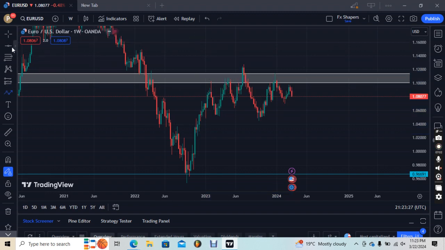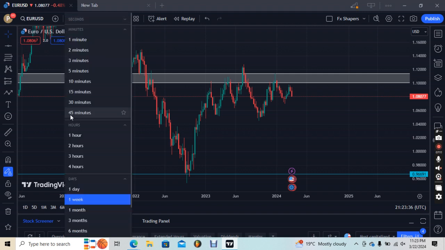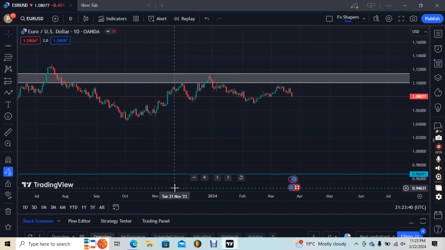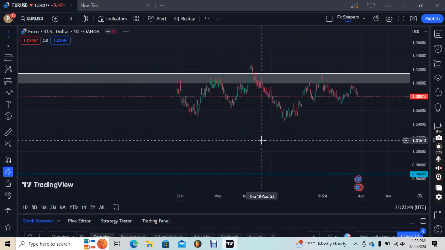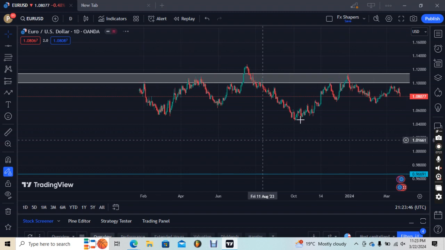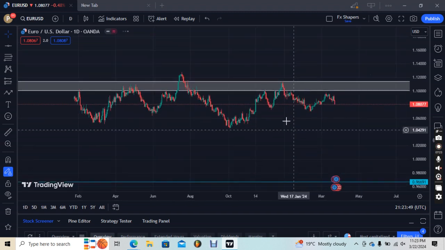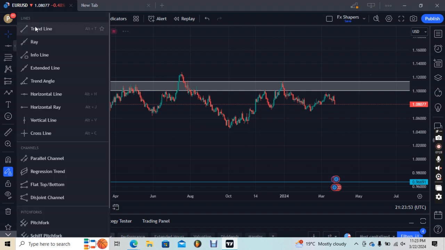So what's going to be happening is that we're going to be identifying all these levels right here. And again, let's just go to a daily time frame just so you can be able to see it properly, because on a daily time frame it's much clearer, right? As you can see right here, guys, we had this structure right here.